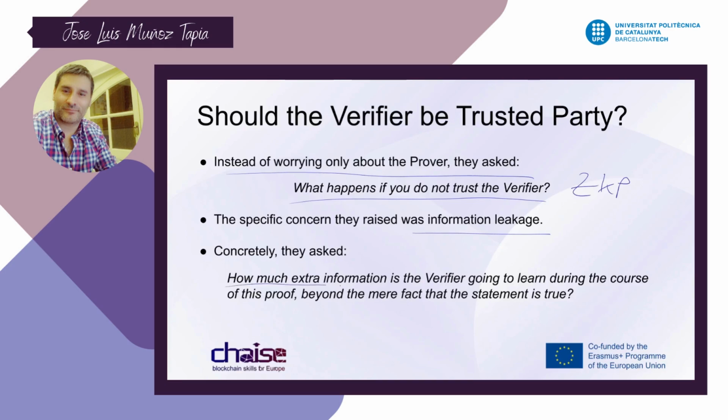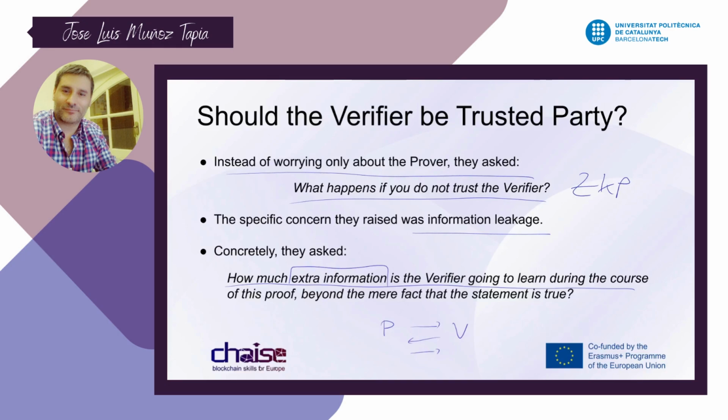The idea is how much extra information. As a prover, I need to prove something to the verifier, and this is the general setting. We're going to interact, and the prover is going to prove something to the verifier. But the idea here is, how much extra information? Extra means, you are going to learn that the statement, the thing that I'm proving, is correct.